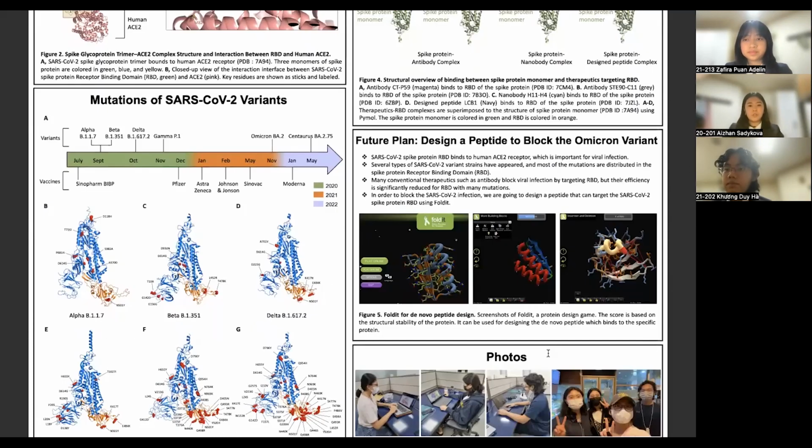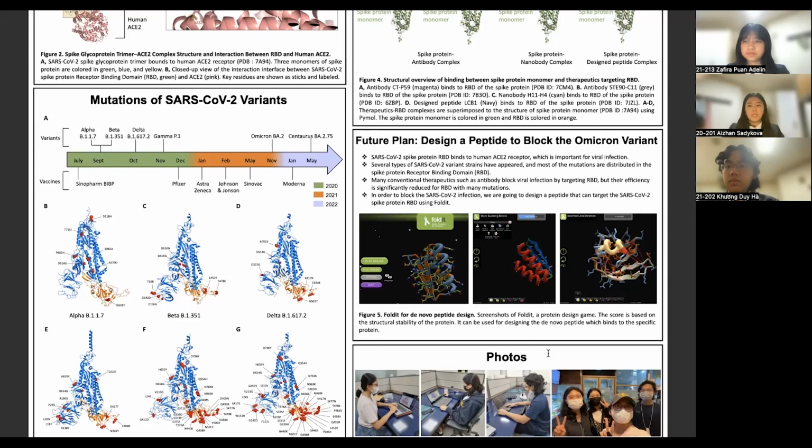So now I'm going to talk about our future plans. As we already know, the receptor binding domain of SARS-CoV-2 binds to the ACE2 receptor, which is important for viral infection. So the interaction of RBD and ACE2 is not only important for understanding the initial step of virus infection, but also provides the necessary information to guide the effective development of drugs or vaccines.